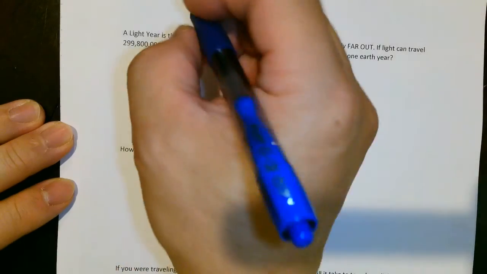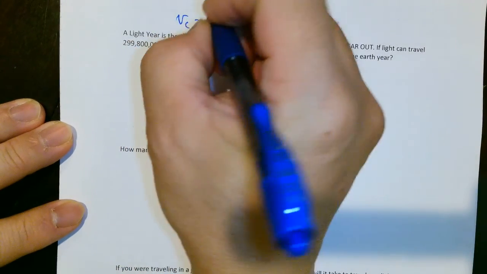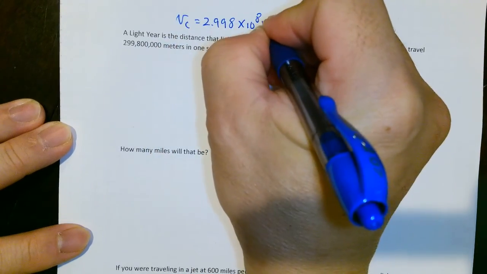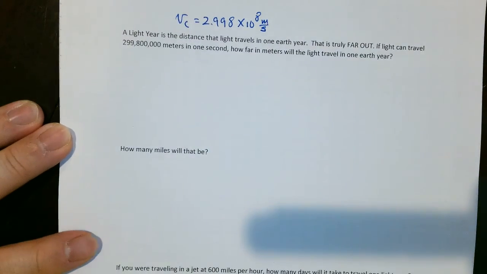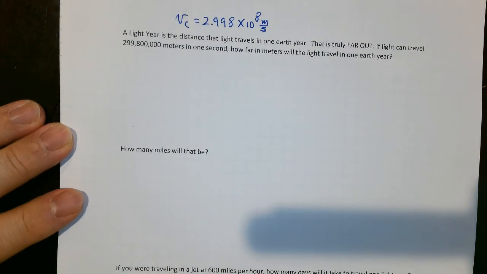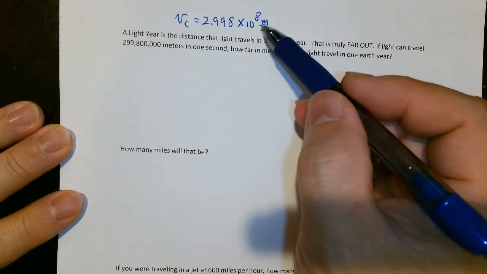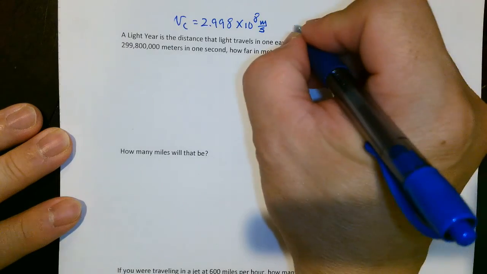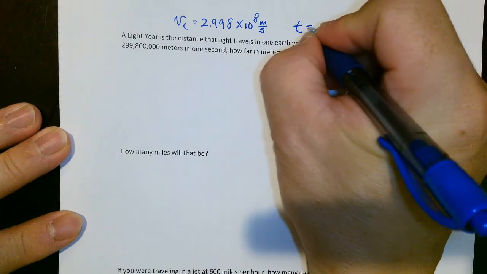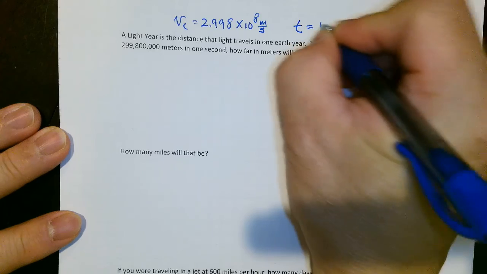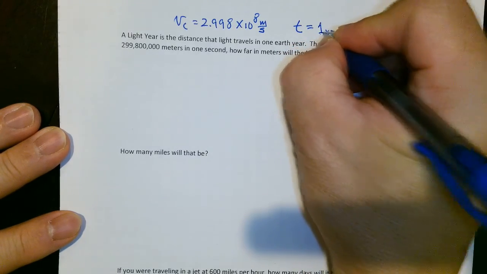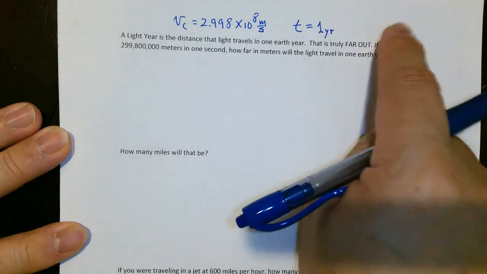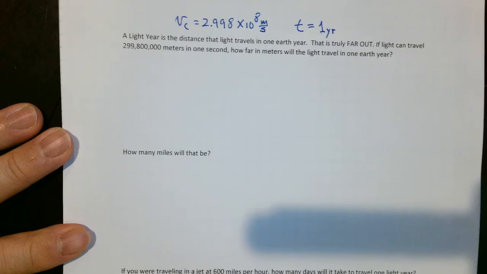So, if the speed of light is 2.998 times 10 to the 8th meters per second, we can pretty much figure out how much it travels in 1 year if we know the time in seconds for 1 year. Right? So 1 year. Now, if we multiply this, the seconds will not cancel out. So we have to convert this 1 year into seconds first.